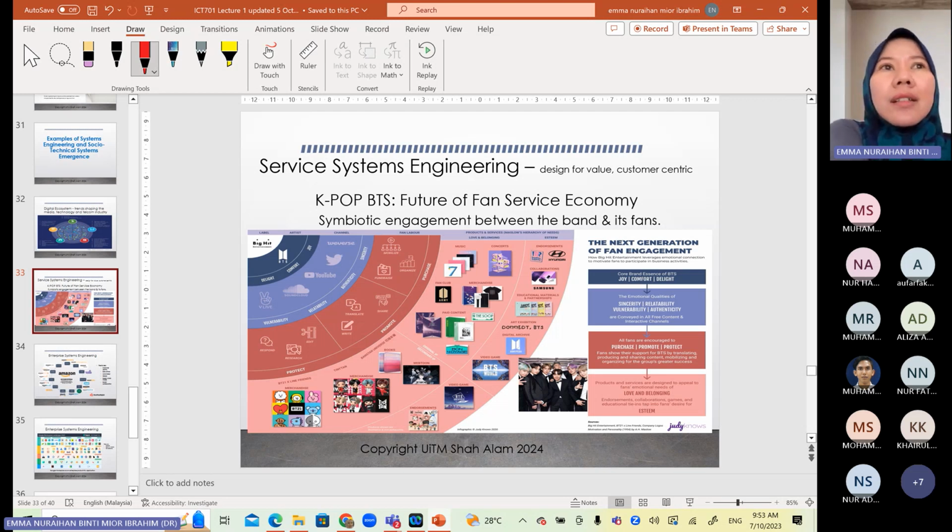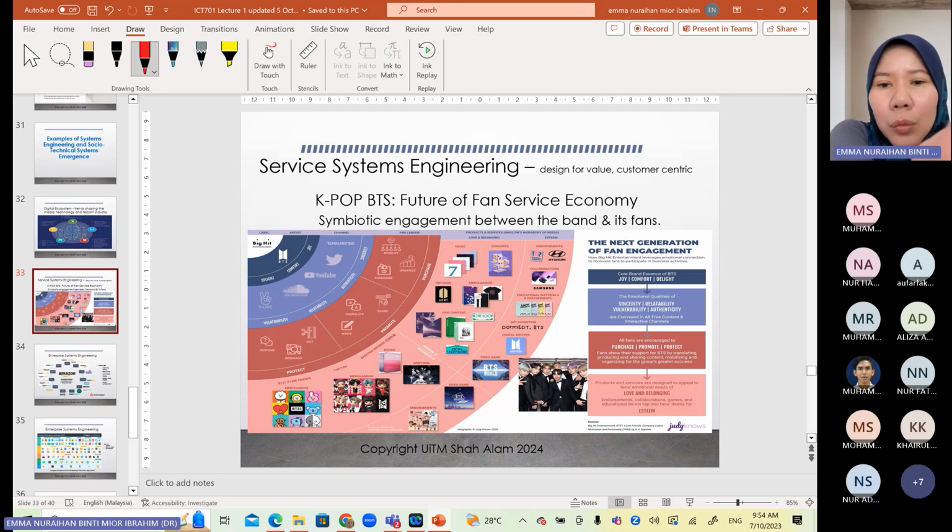Tak terfikir akan ada in the future where you have this what we call fan service economy. Okay, fan service economy. I don't know how dedicated you are in this loop. Okay, but I'm the type, I always have the tendency to look beyond just drama, beyond just pop culture.